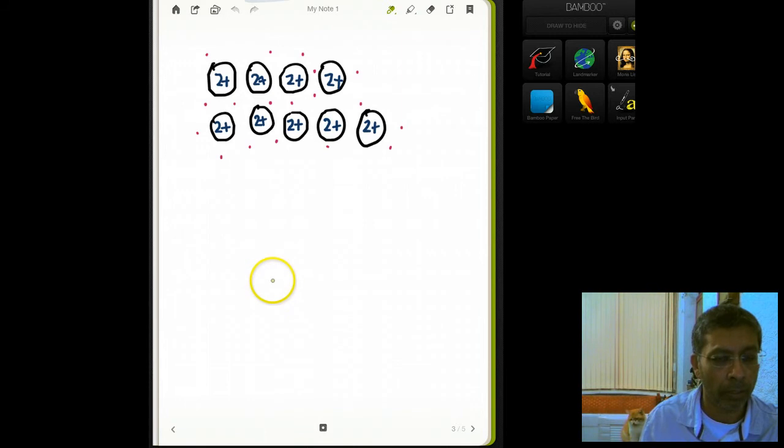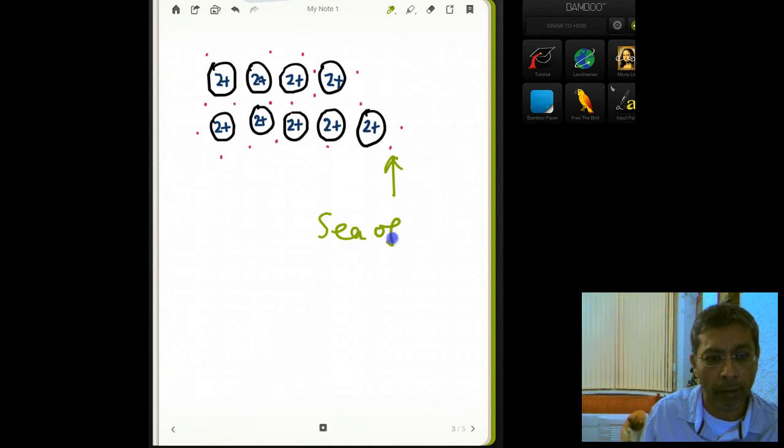Right, so we've had a go at describing the bonding in metals: a sea of electrons surrounding cations. One more thing. These delocalized electrons sometimes can be called a sea of electrons, all these electrons here.